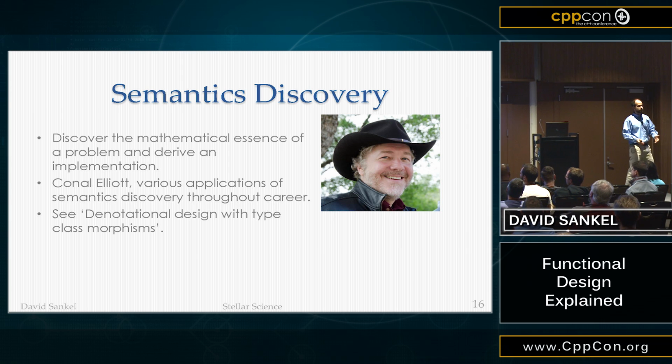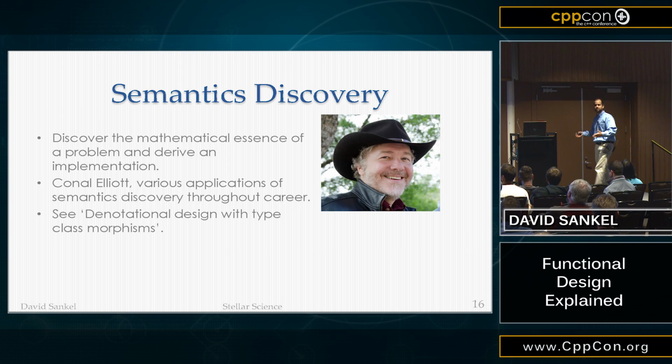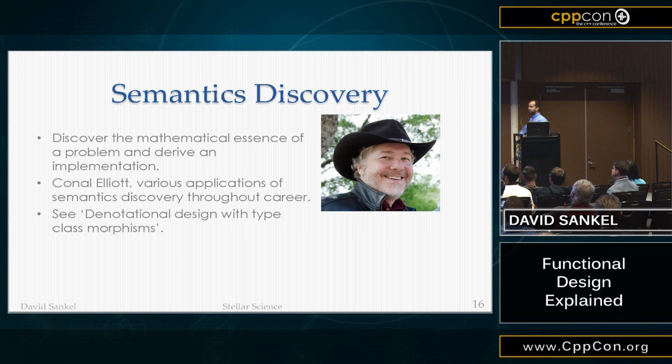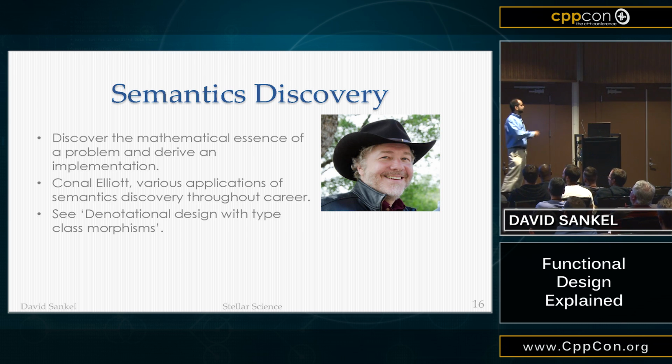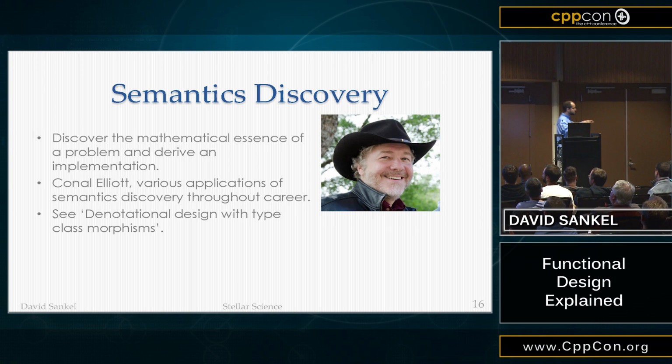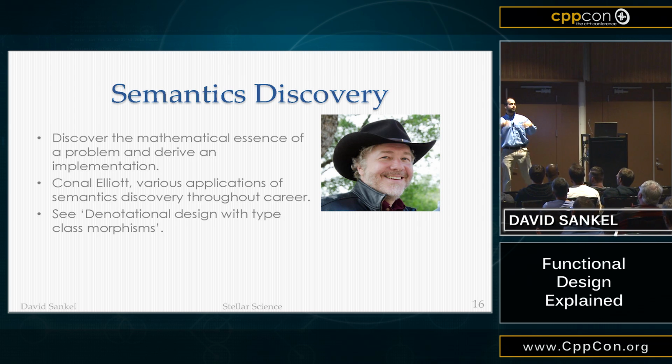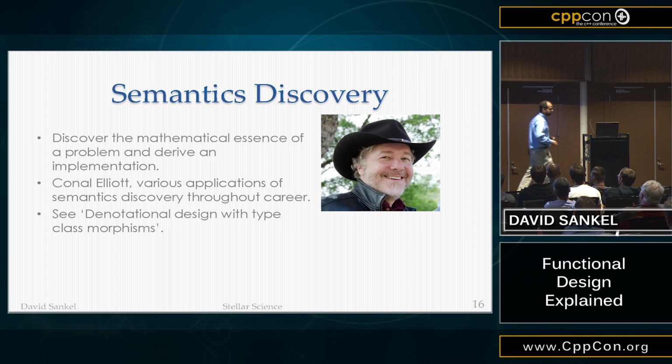And he had to come up with derivatives and integrals and calculus, all to figure out how to model gravity and the different kinds of problems that he was solving. So the idea of Conal here is you try to figure out what the essence is of your problem mathematically and then derive an implementation. So for him, he would write his essence into Haskell-based math and then try to derive a more efficient implementation in Haskell.